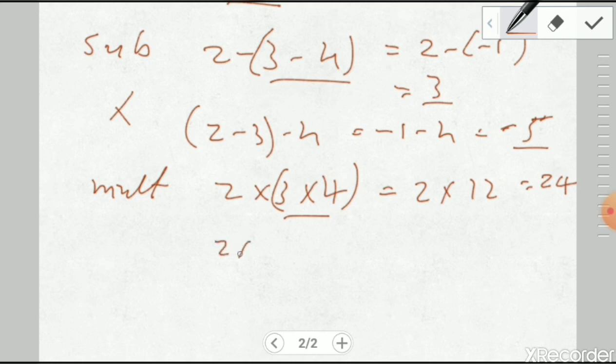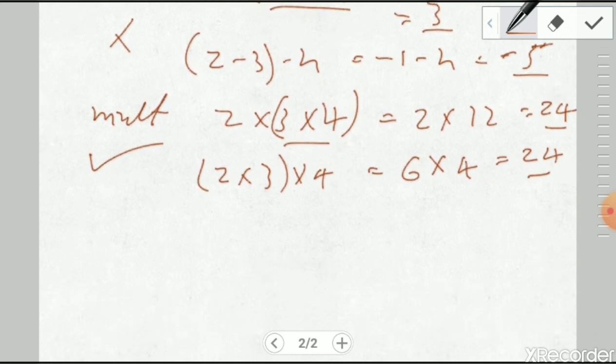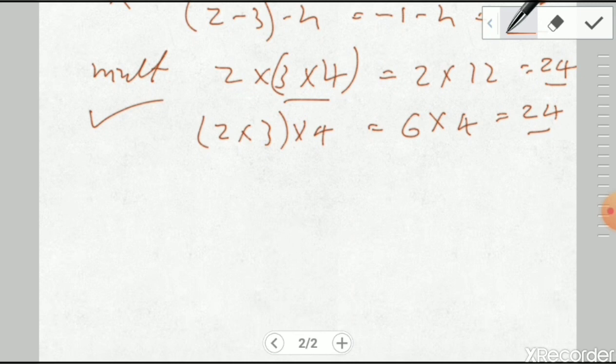And next, if I change the association for the 2 and 3, so 6 into 4, it is also 24. Both have the same answer. That means it is associative for multiplication also. Same for division, we can check the same.